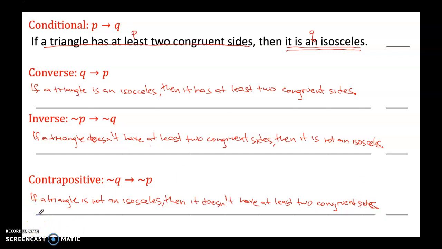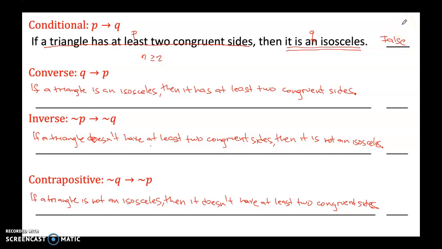Now let's define the truth value of each statement. For the conditional, if a triangle has at least two congruent sides, if we put that into mathematical symbols, we have n, the number of sides, is greater than or equal to 2, then it is an isosceles. So this is said to be a false statement.